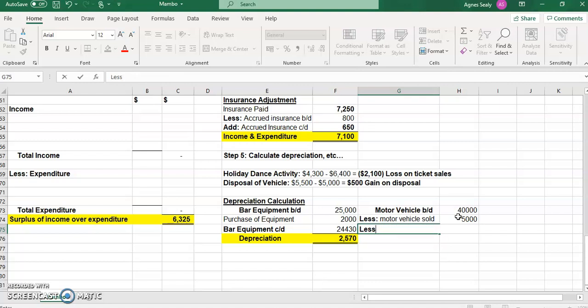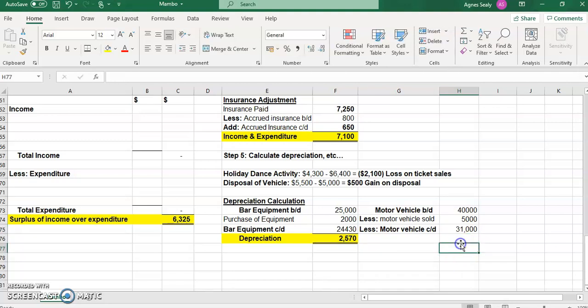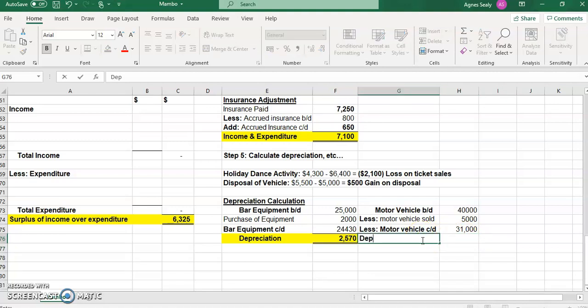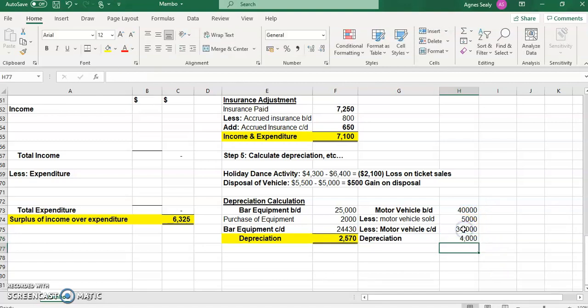So that would be motor vehicle carried on. Okay, so this is an interesting way to calculate our depreciation. That is $31,000. So what will our depreciation be for the motor vehicle? $40,000 minus 5,000 minus 31,000, and that gives us $4,000 as the depreciation for our motor vehicles.